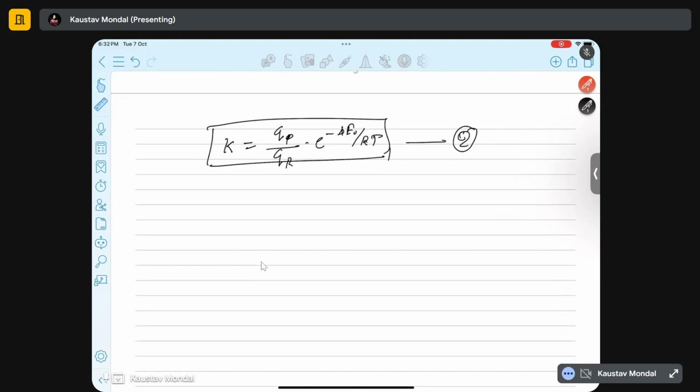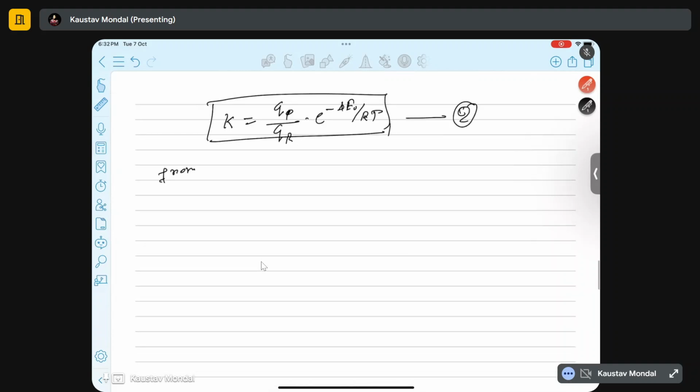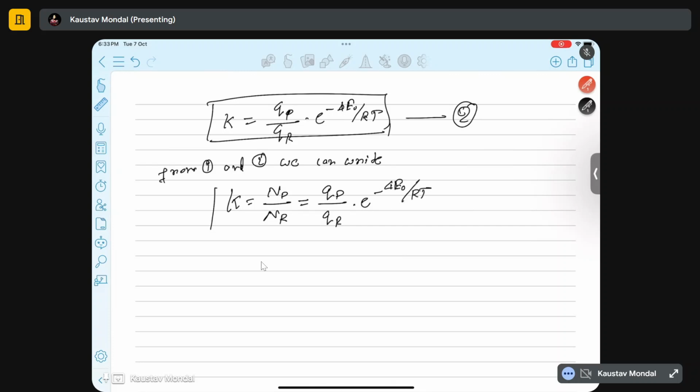So from 1 and 2 we can write K equal to NP by NR equal to QP by QR into e to the power delta E0 by RT, right? This is the expression of the equilibrium constant K, right?